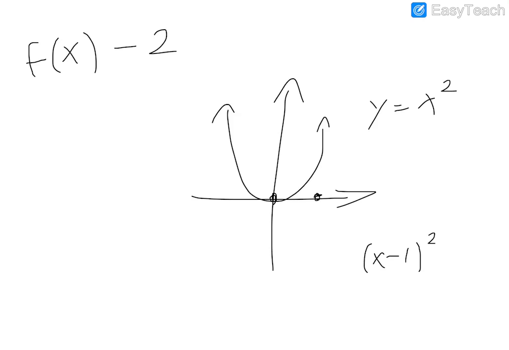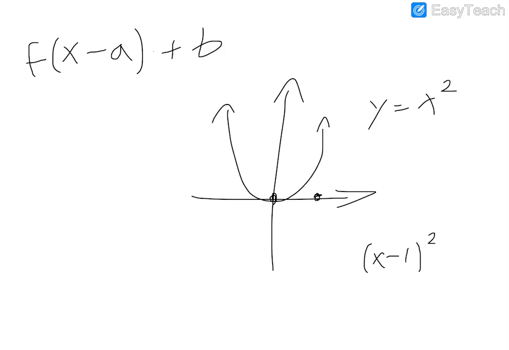So, as a general rule, when you're translating something and only translating, it would be in the form of f of x minus a, plus b, and a is how many units it has been moved horizontally, and b is how many units has been moved vertically.